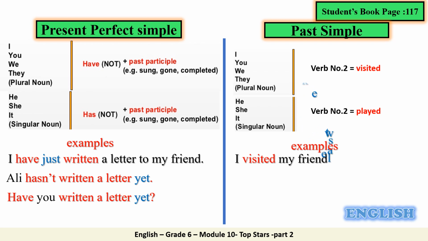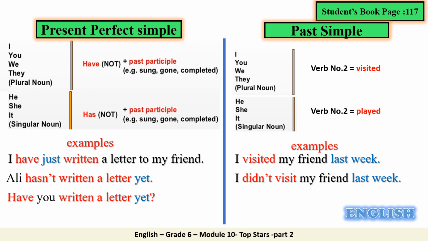I visited my friend last week. I didn't visit my friend last week. This is the negative form. And remember, in the negative form, we use didn't plus verb 1. And the yes or no question form: did you visit your friend last week? We use the auxiliary verb did. Very good.